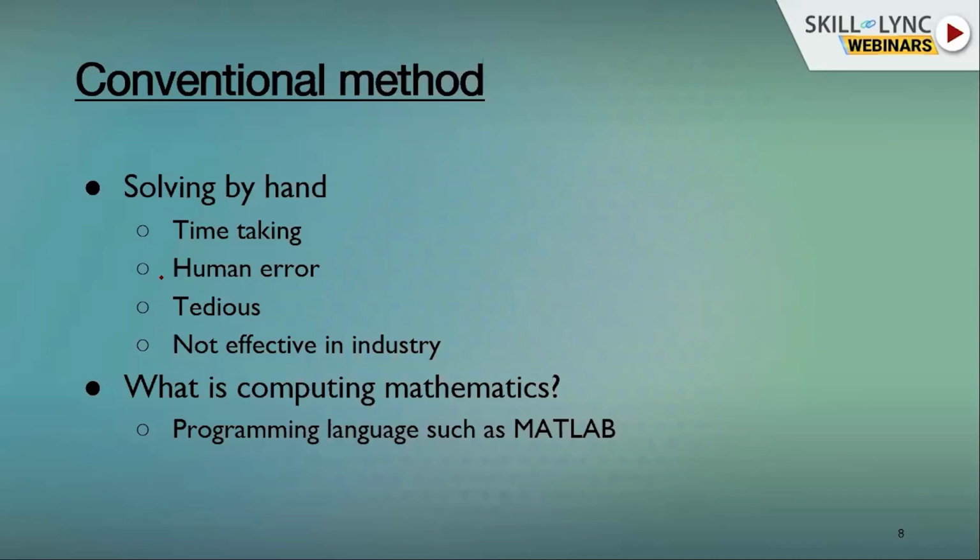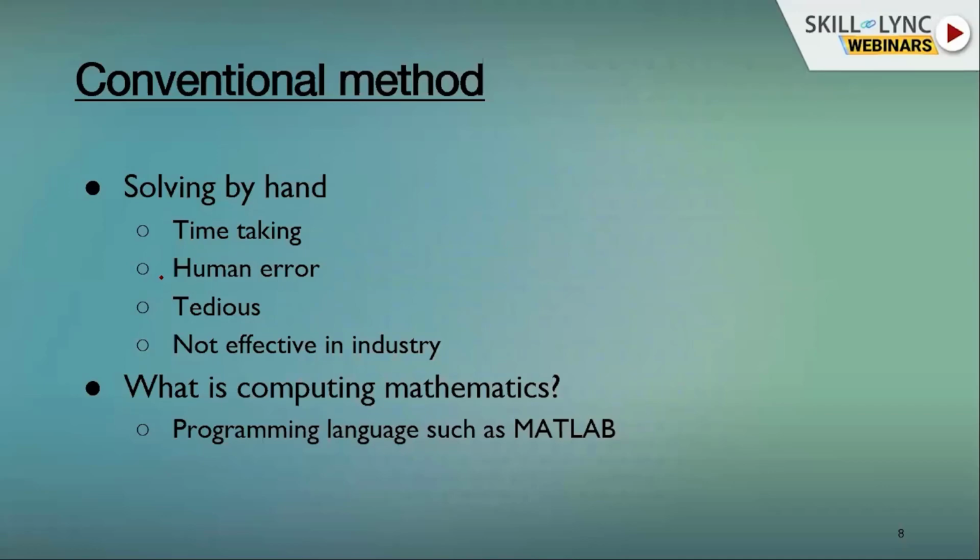So that's why these conventional methods are not useful in industries, and that's where there is a huge gap between our engineering studies and the application in engineering industries, and that's where Skill-Lync becomes a bridge.